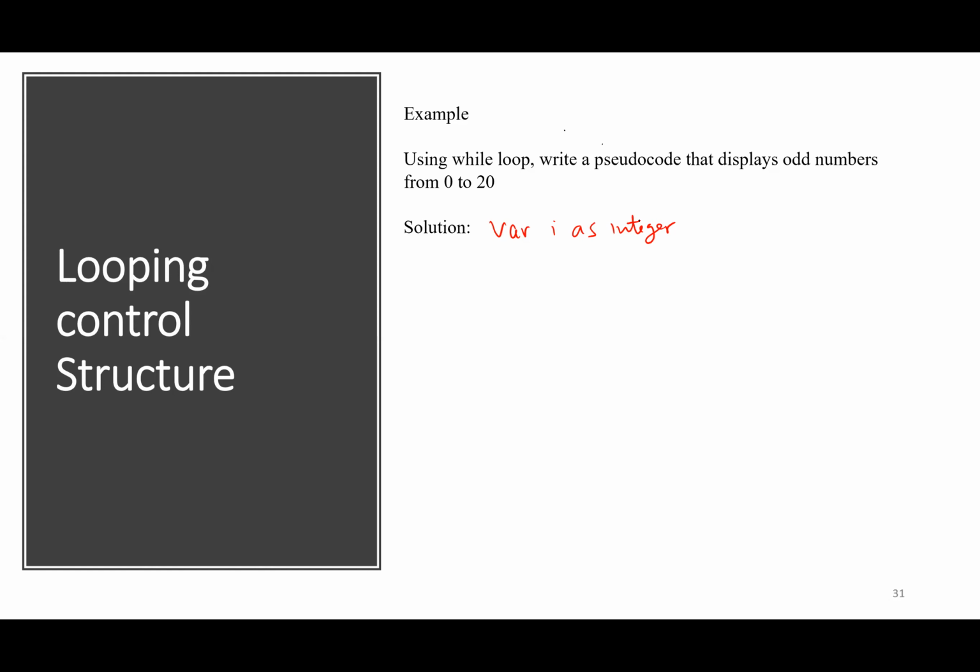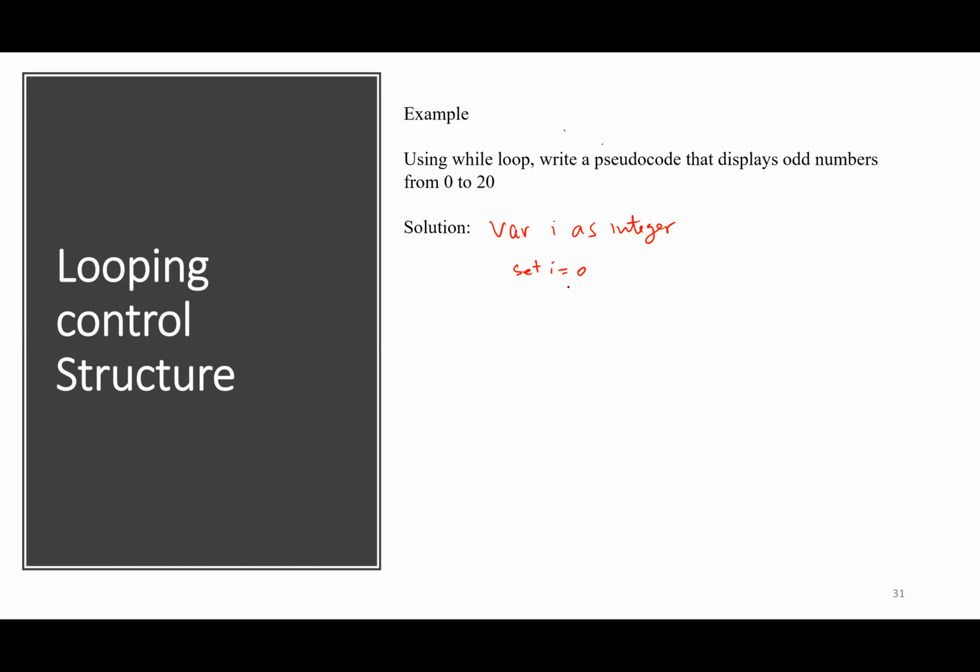What is the initial value, class? I think it's 0. It's 0. So then I say I equals 0, or I can also say set I equals to 0. Okay.